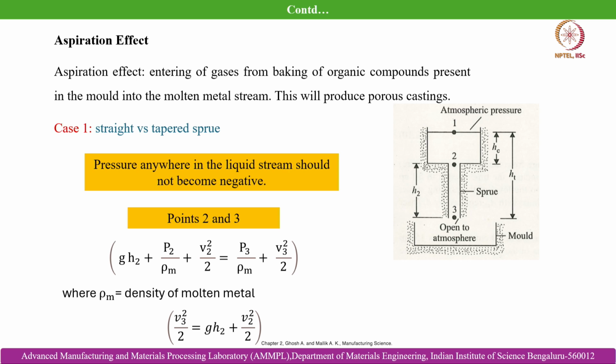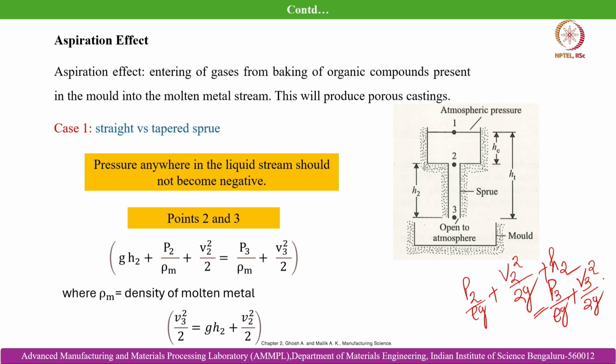So, P 2 by rho g plus V 2 square by 2 g plus H 2 is equal to P 3 by rho g plus V 3 square by 2 g plus H 3. Here, because it is kept at the reference position, H 3 is basically 0.